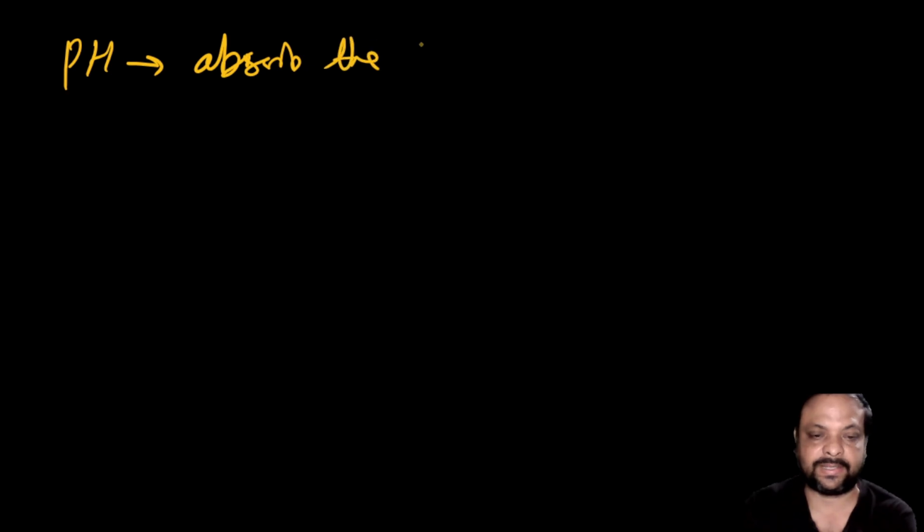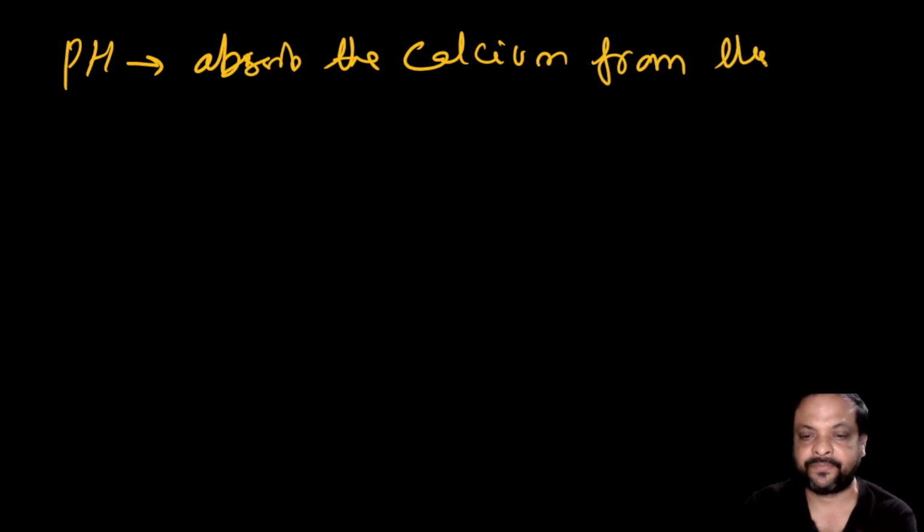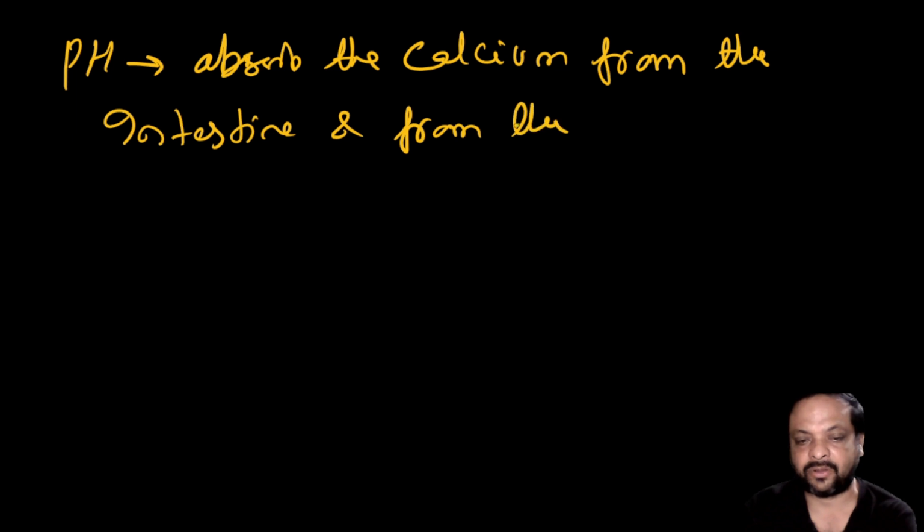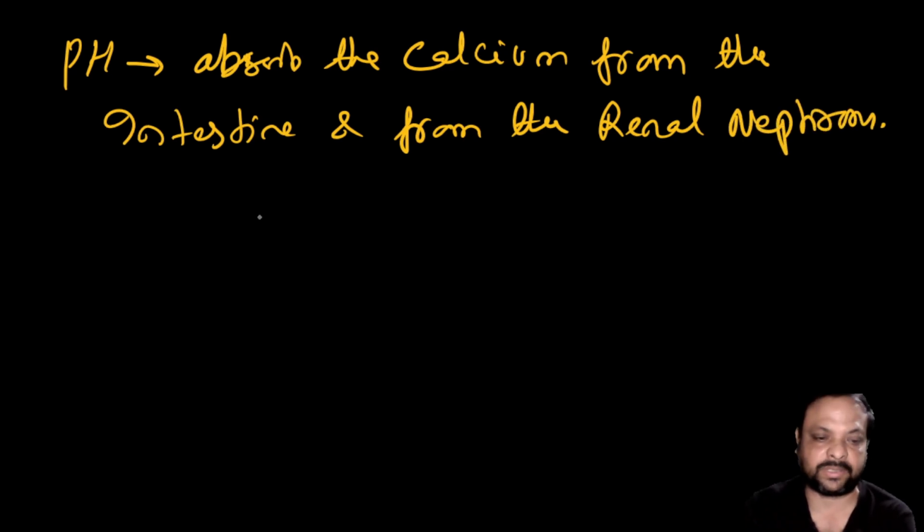they absorb the calcium from the digestive system, that is from the intestine, and from the renal nephrons. Got it? So the main role of this particular hormone is that, suppose this is a stomach part present.